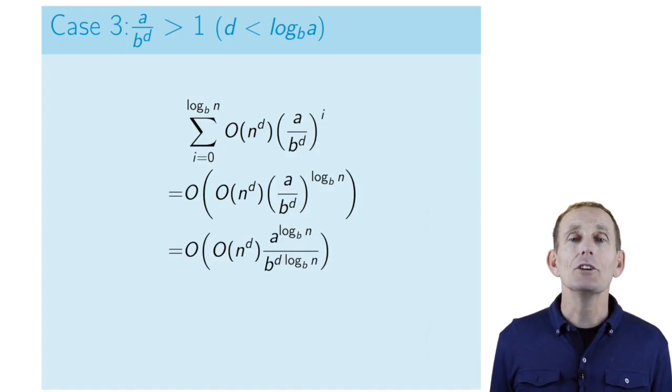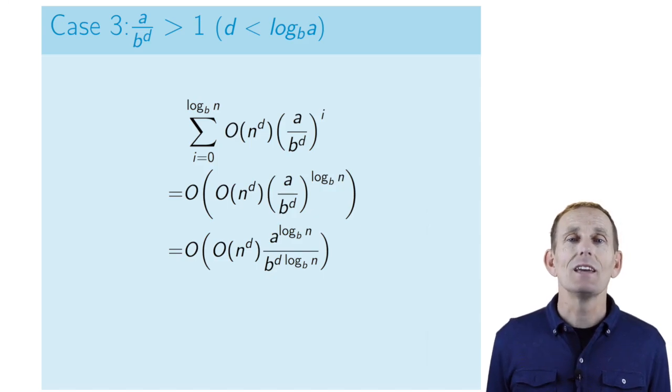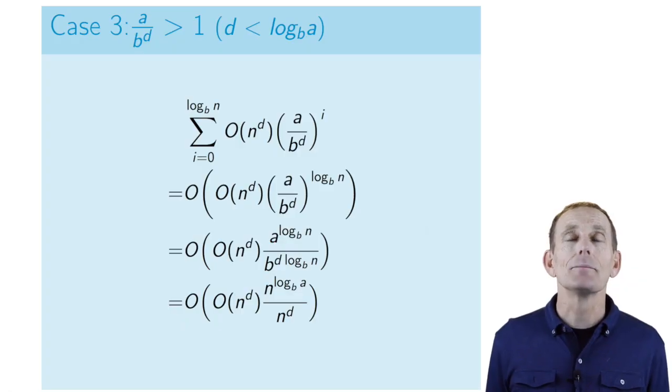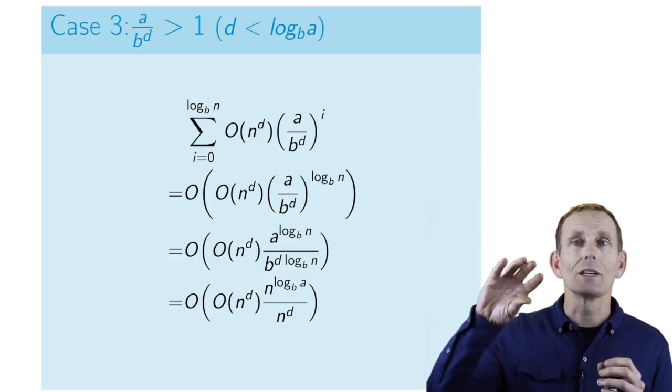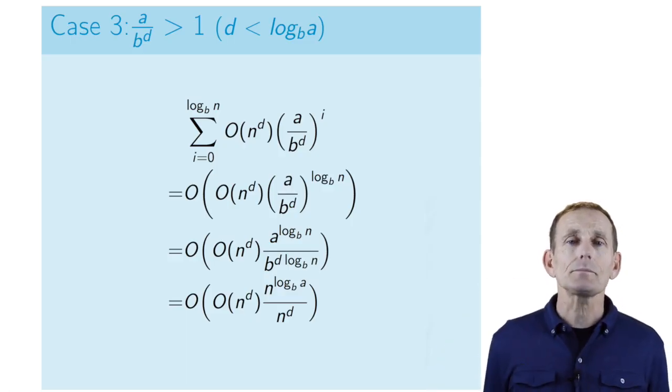So we have in the numerator a to the log base b of n, and then in the denominator b to the d times log base b of n. Well, b to the log base b of n is just n, so that's going to disappear down to n to the d in the denominator. In the numerator, a to the log base b of n, by logarithmic identity, is equal to n to the log base b of a. So we can swap those out too.